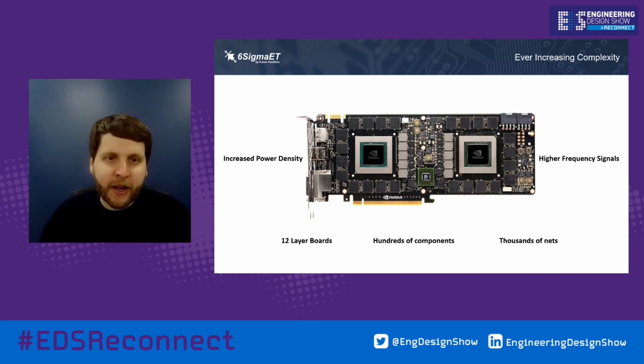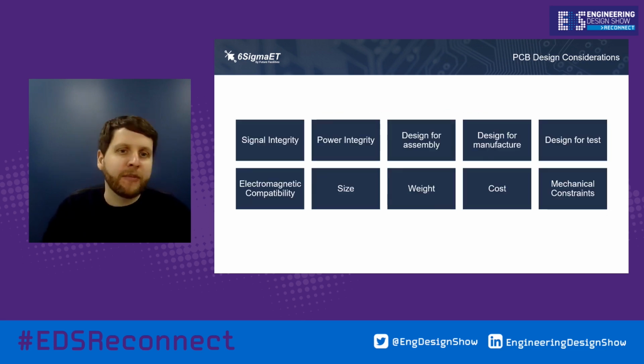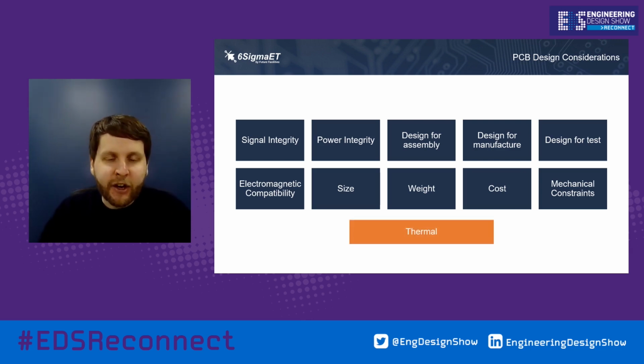There's so many things to consider when designing modern electronics, from signal integrity, power integrity, design for manufacture, design for tests, cost, weight, size, etc. And one really important one is thermal. And it can often get forgotten about in the design process.